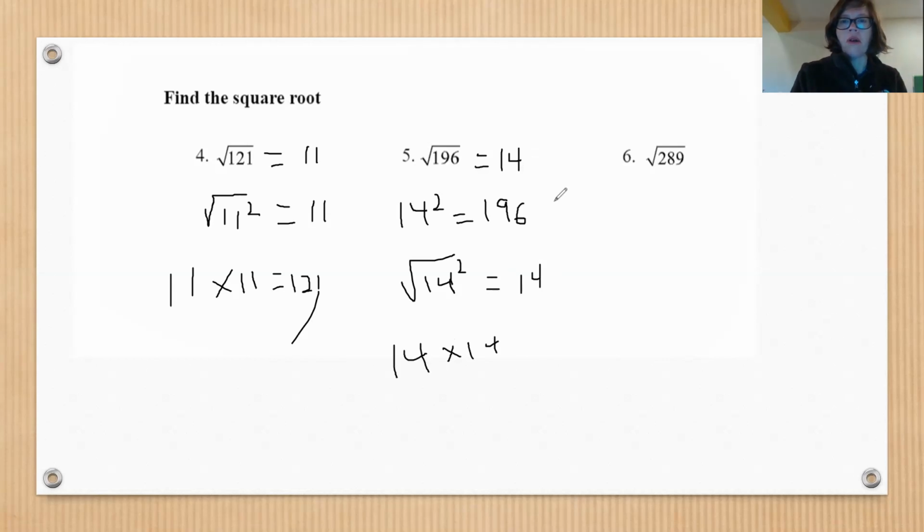Okay, one more problem. You can try it and pause the video, and then you can check to see if you get it correct. So we're trying to find the square root of 289. You can use your calculator if you need to.